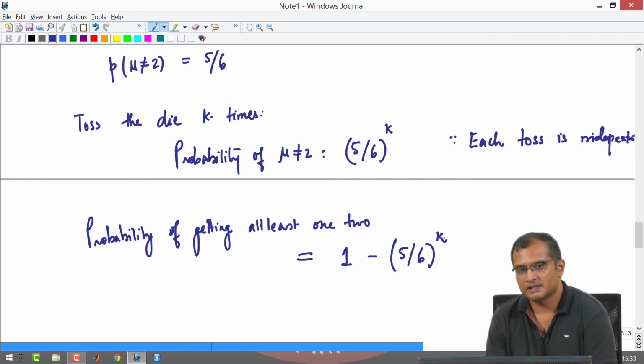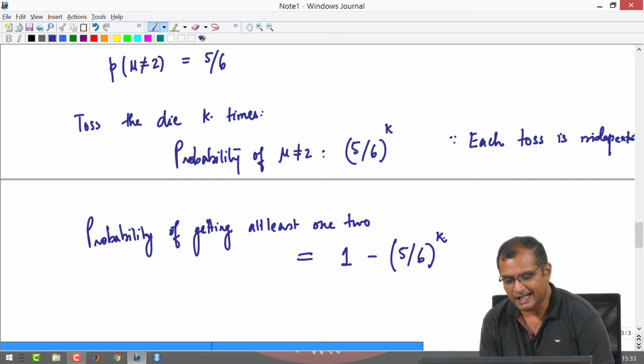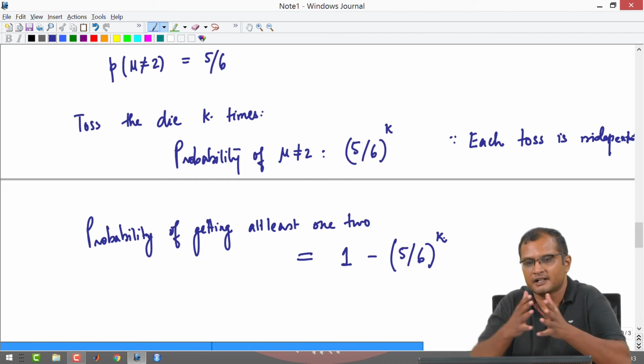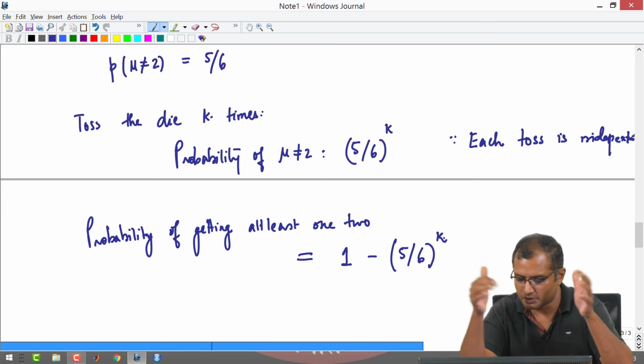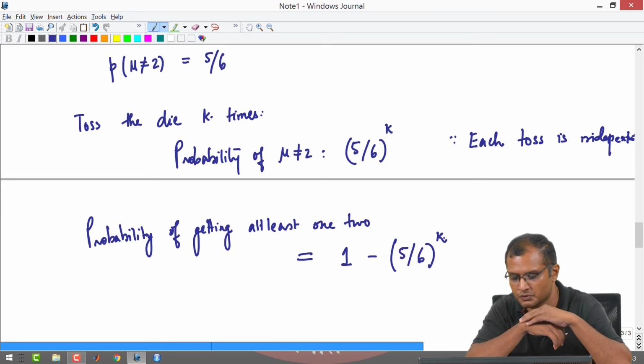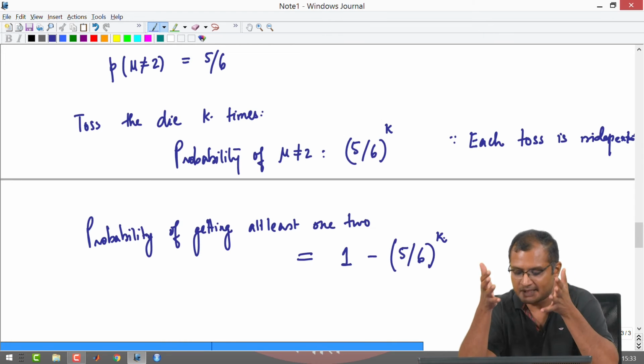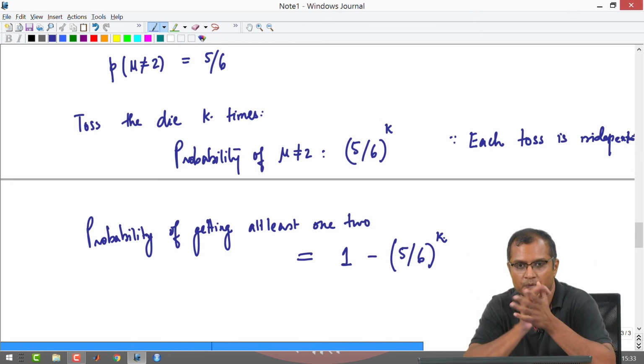So, what you have done is, instead of tackling your problem directly, you have divided your sample space into two sections. One is you get no 2s, and the other is you get at least one 2.